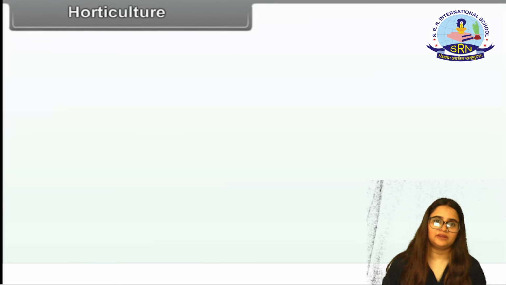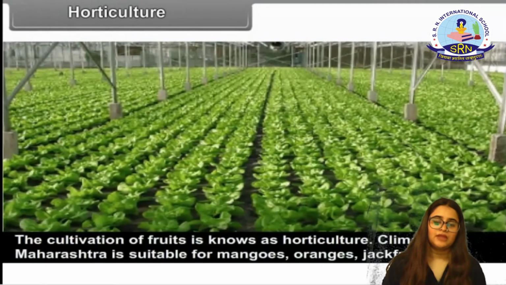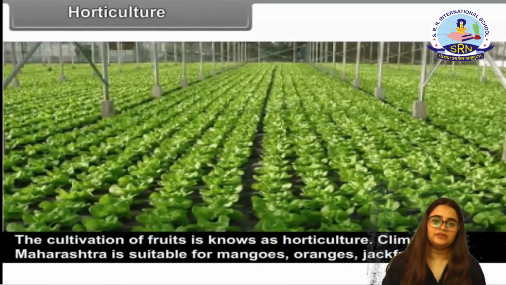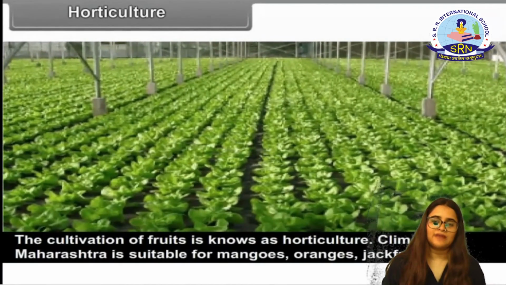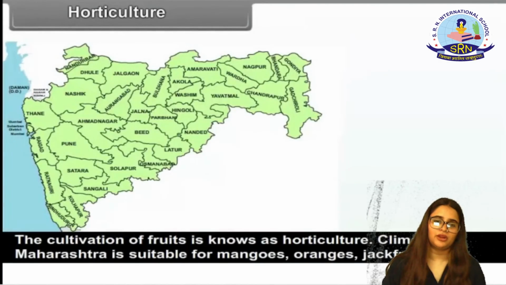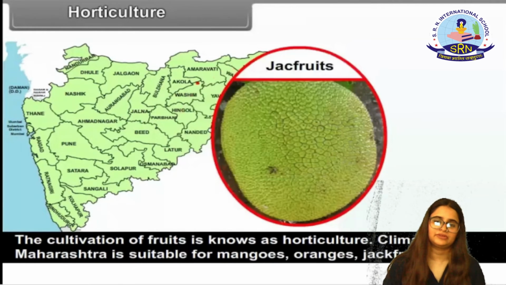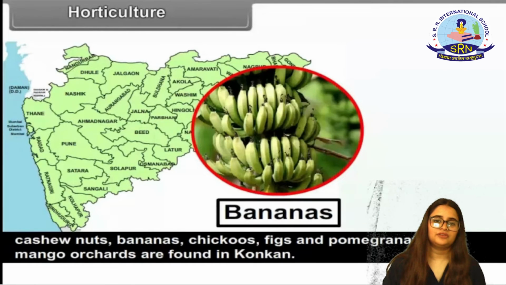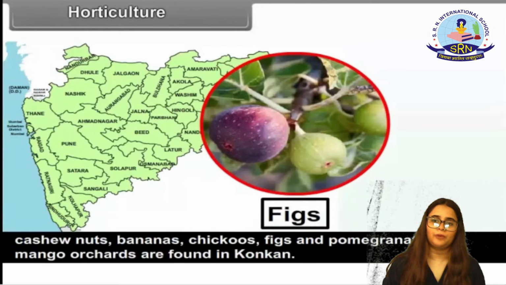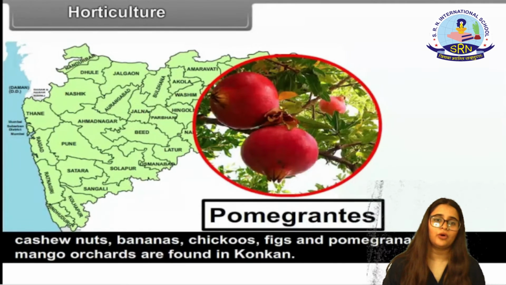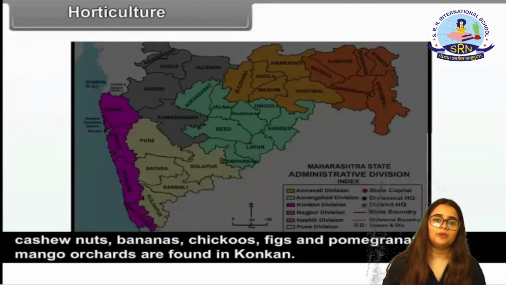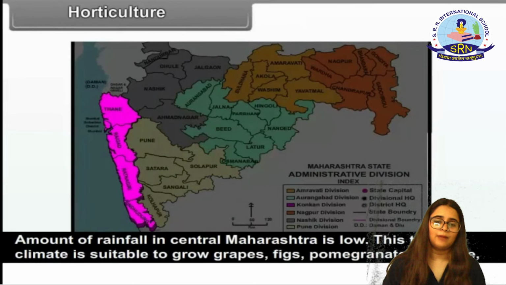Then we are going to discuss horticulture. The cultivation of fruits is known as horticulture. The climate of Maharashtra is suitable for mangoes, oranges, jackfruits, cashew nuts, bananas, chikus, figs and pomegranates, etc. Mango orchards are found in Konkan. The amount of rainfall in central Maharashtra is low.